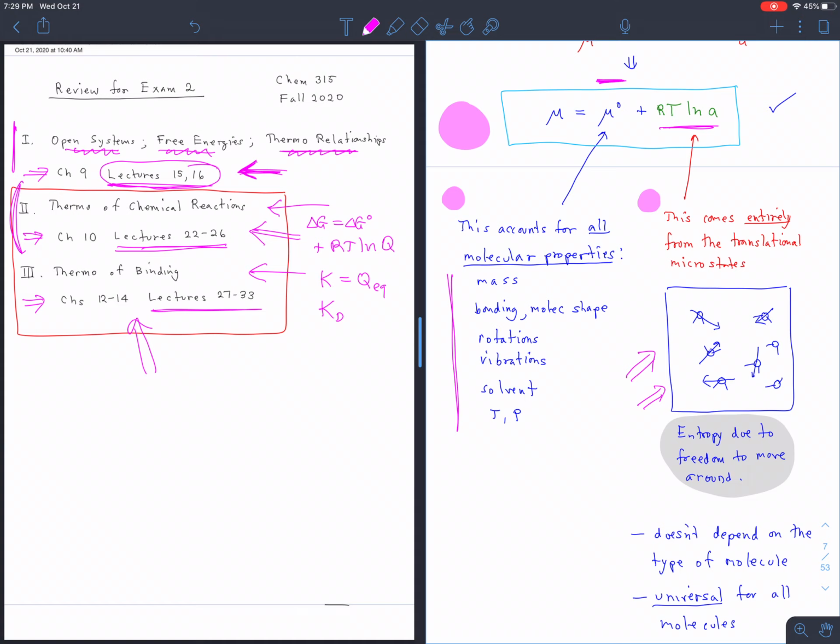If the final system doesn't have any changes in the ability of things to move around, then only this standard state term applies. And that accounts for everything else: the changes in mass, changes in bonding, changes in rotations and vibrations, changes in the solvent, changes in temperature and pressure, and so on. All those things are accounted for by this one term that we normally don't even pay that much attention to, and only the translational effects are accounted for by the second term. All right.